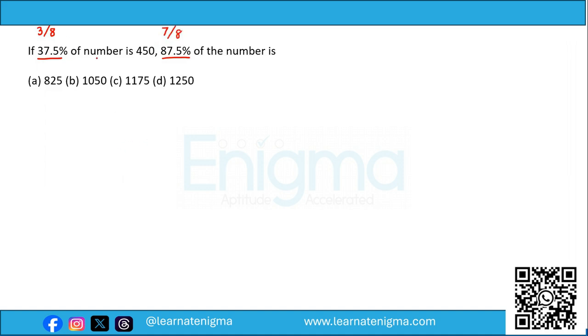So 37.5 percentage of a number, the equation becomes 3 by 8 of x is equal to 450. Now we want to find out 87.5 percentage of the number. So that is 7 by 8 of x.